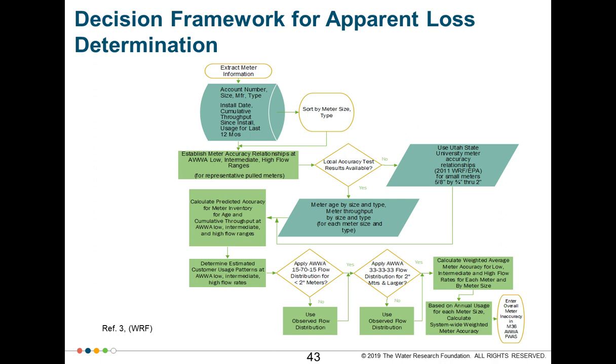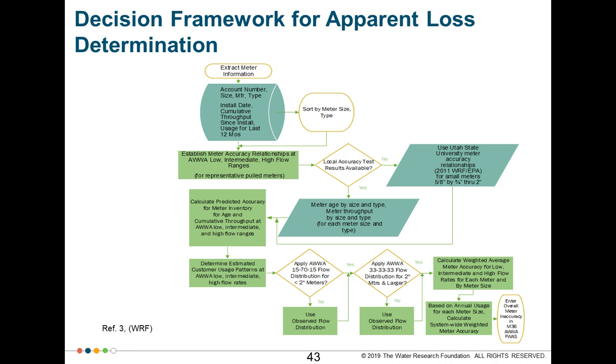Water Research Foundation Project 4028, completed in 2011, involved testing several types of in-service mechanical and positive displacement meters, ranging in size from 5/8 inch to 2 inch. Regression analysis developed a family of curves for meter accuracy based on cumulative volume, meter size, and type.